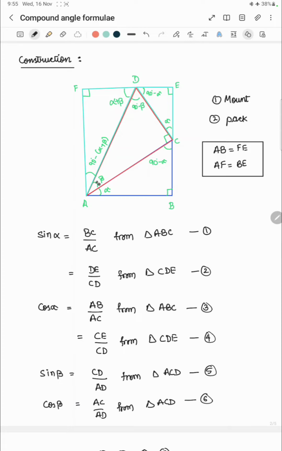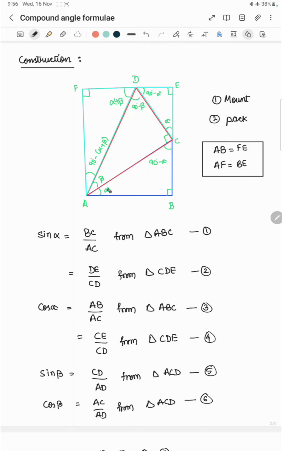And second thing is that, by construction, the angle here should be beta. Let me repeat. The first triangle ABC has the angle alpha here, and the second triangle ACD has angle beta here.